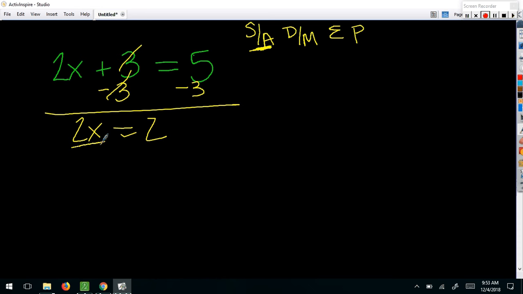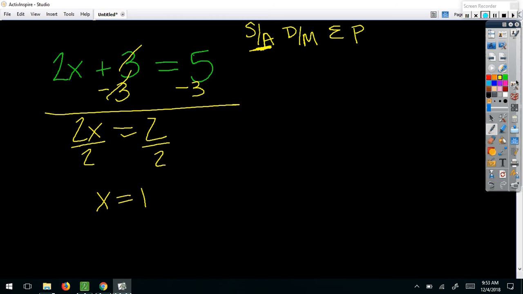Now I divide by 2 on both sides because the 2 is what's hooked to the x. So if chapter 2 wasn't your best chapter, that's essentially what we're doing again, except now it's going to look something like this.